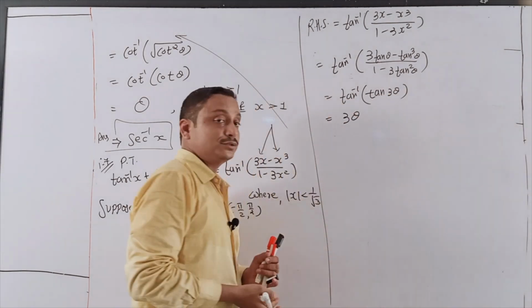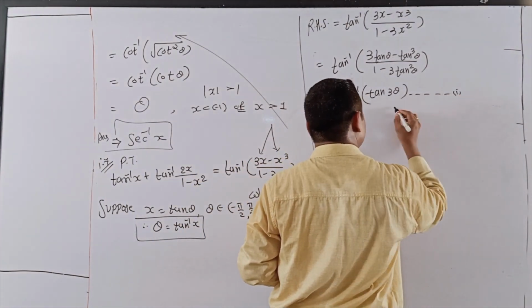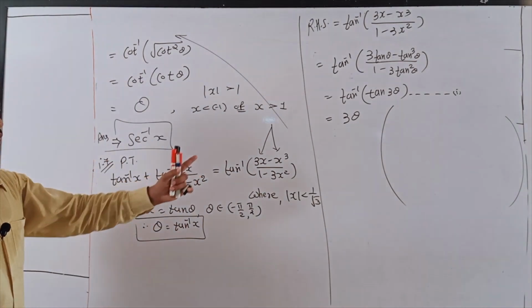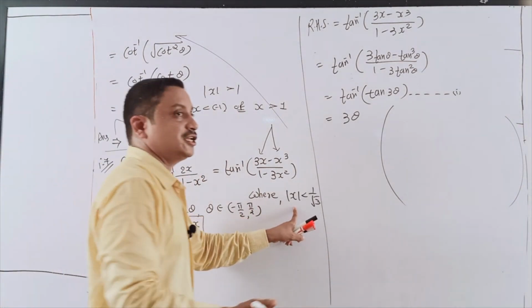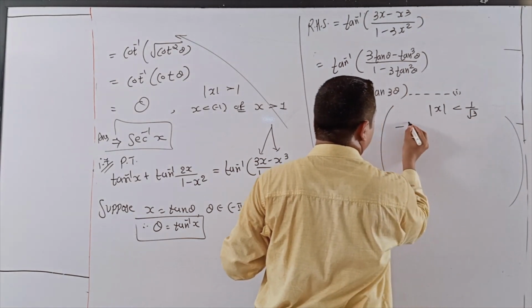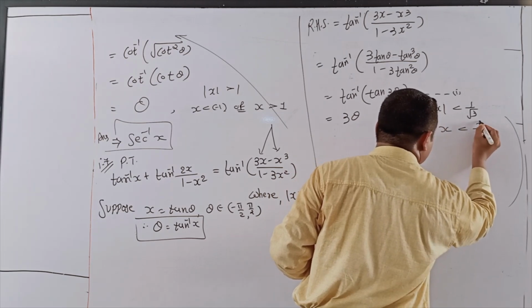3 theta value. But before writing this, you necessarily show your condition. Without the condition, you never write 3 theta, students. Here the condition is modulus x less than 1 by root 3. It means minus 1 by root 3 to plus 1 by root 3.